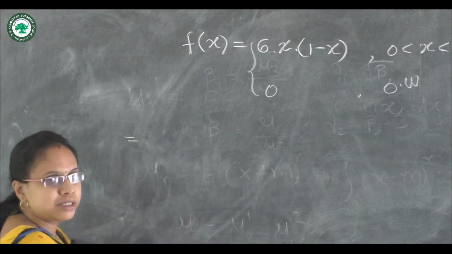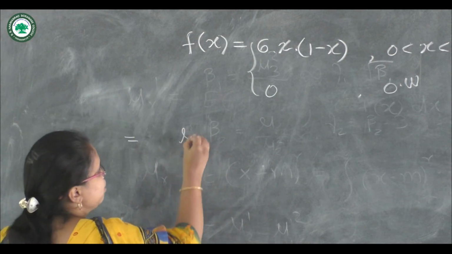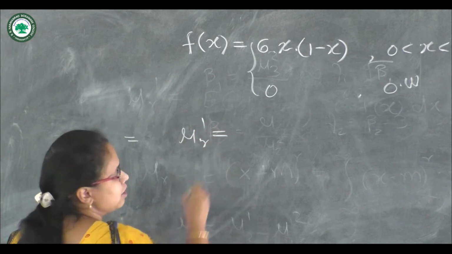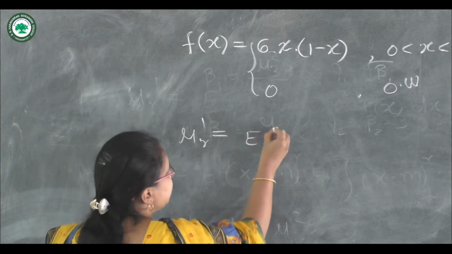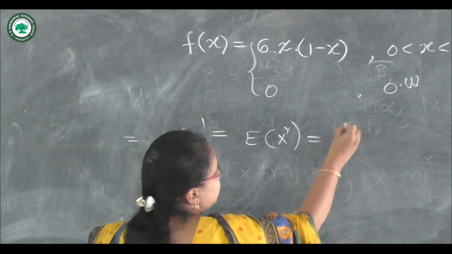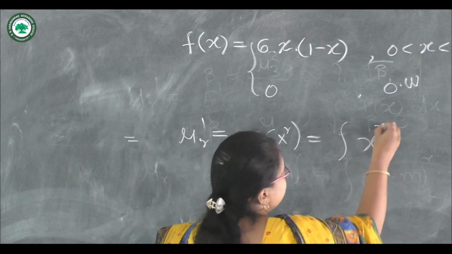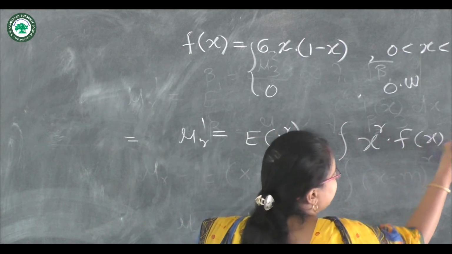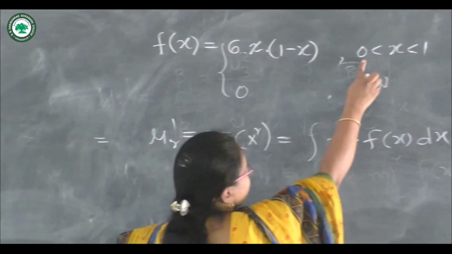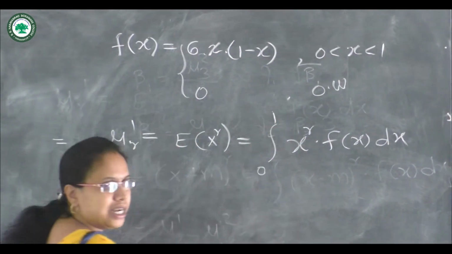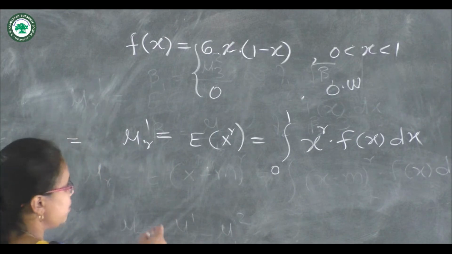Let's first find the raw moments. So mu r dash, from the formula, we have expected x raised to r, which is the integration of x raised to r f of x dx. Here the range is from 0 to 1, that's why I am writing here 0 to 1.